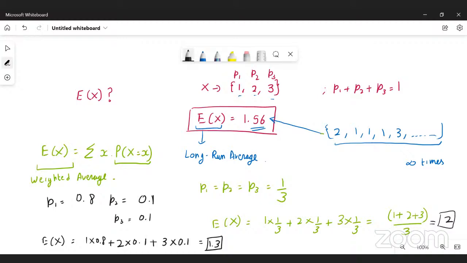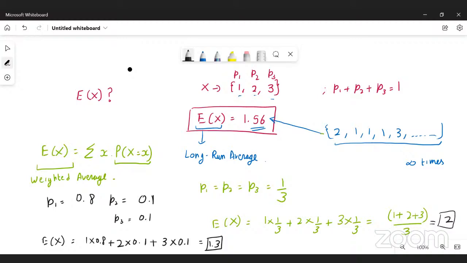It will go more towards 1 because that value is having more weight, so it will definitely affect your average value. In the last case, we were getting 2 because the value 2 is having the majority of the weights as compared to the other 2, right? So expectation is nothing but the average which also takes into account the chances of occurrence of that event.